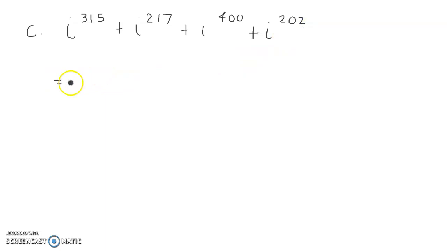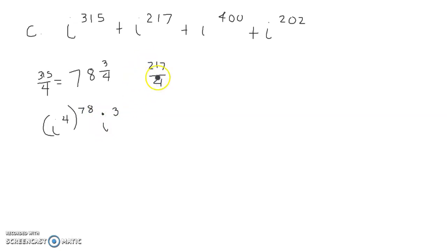So i raised to 315 is equivalent to, if we divide that, 315 divided by 4, 78 and 3/4, meaning i raised to 4, 78 times i cubed. Then 217 divided by 4 is equivalent to 54 and 1/4.